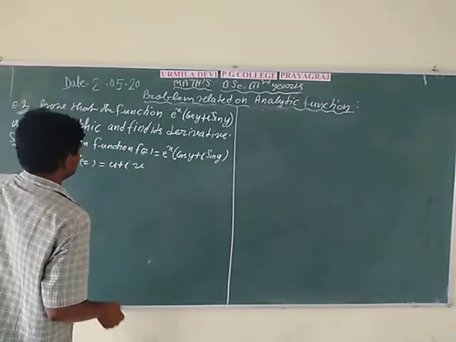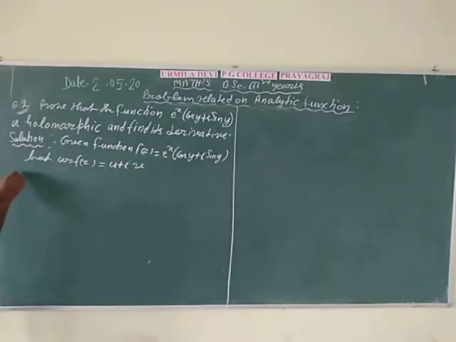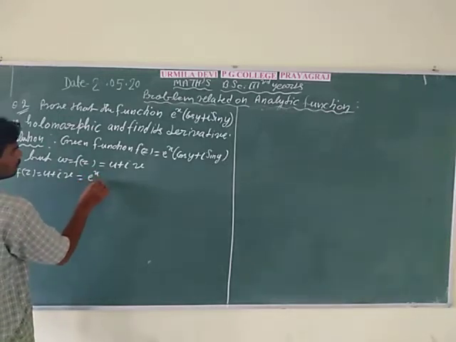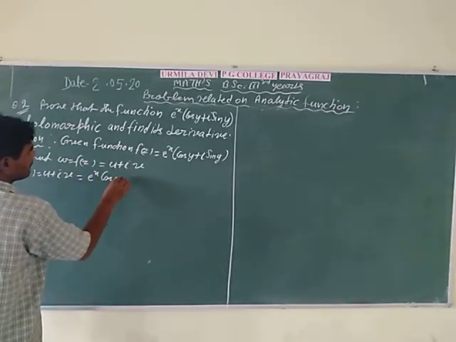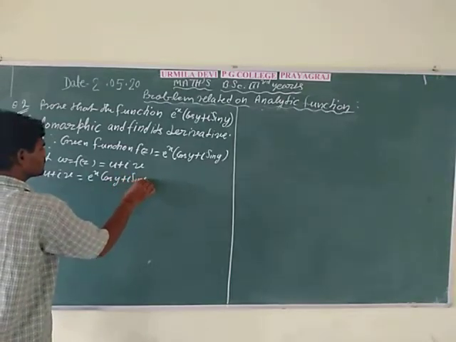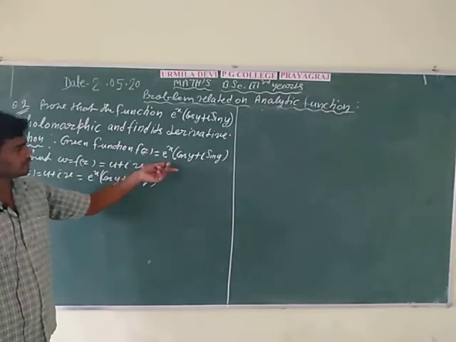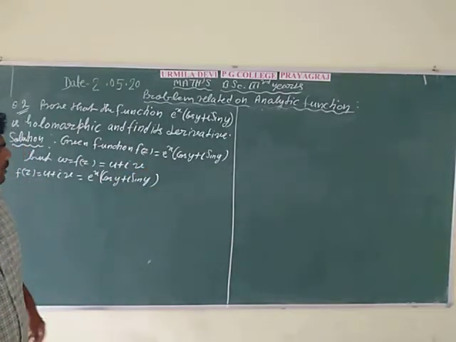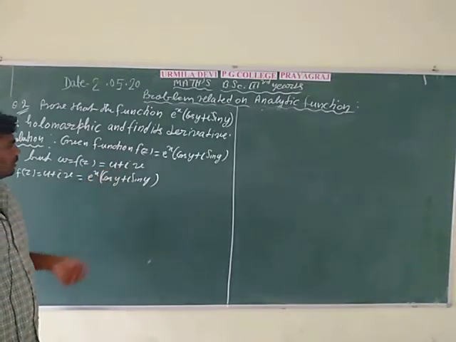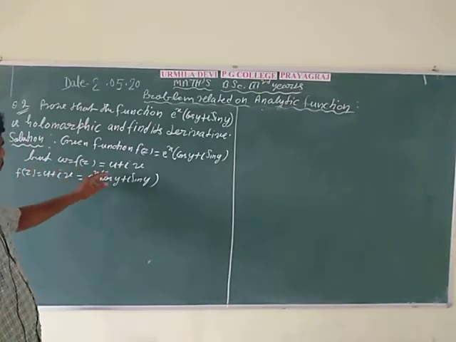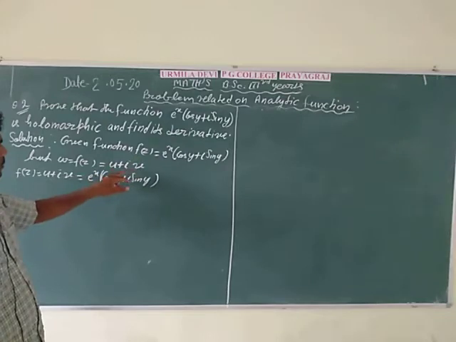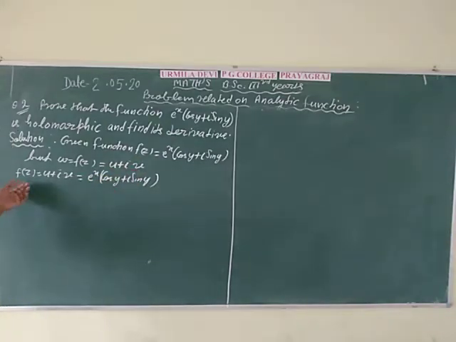So from this you can write that w is equal to u plus iv, and f(z) is equal to u plus iv, equal to e to power x (cos y plus i sin y). Here the given function f(z) is e to power x (cos y plus i sin y), but you know that in analytic function cases f(z) is equal to u plus iv. Therefore here f(z) is replaced by u plus iv.